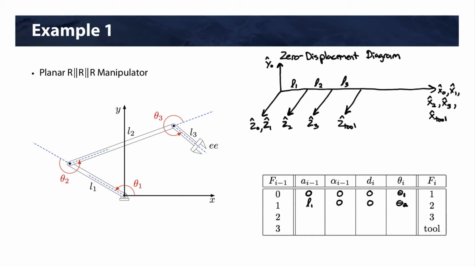And we'll have the similar for 2 to 3: L2, 0, 0, theta 3. And then lastly, we're going to have L3, 0, 0. Now there's no angle associated with the tool. It's not a joint, so this is going to be 0. And that is our completed D&H table for that robot.